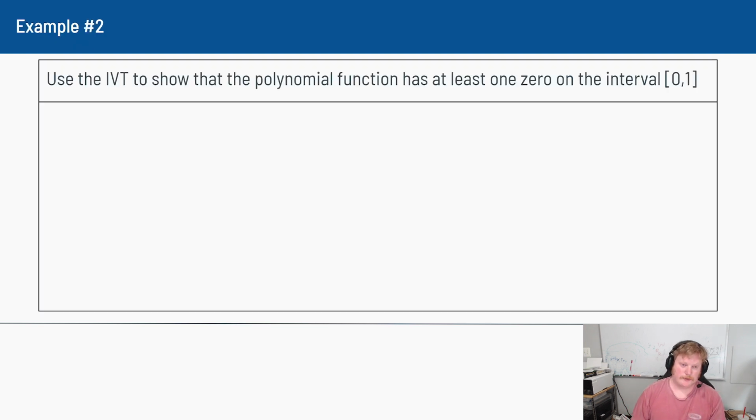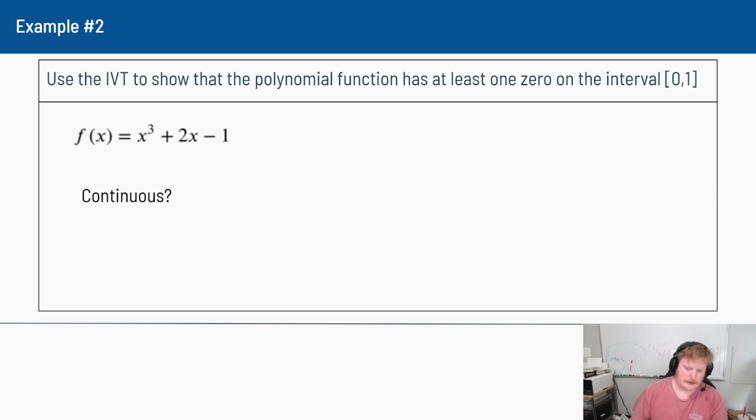So let's look at a quick example. We want to use the intermediate value theorem to show that the given polynomial function has at least one zero on the interval from 0 to 1. So we're going to use this function, x cubed plus 2x minus 1. It's a polynomial function. And the first question that we should ask is, is it continuous? Because that's part of the hypothesis of the intermediate value theorem.